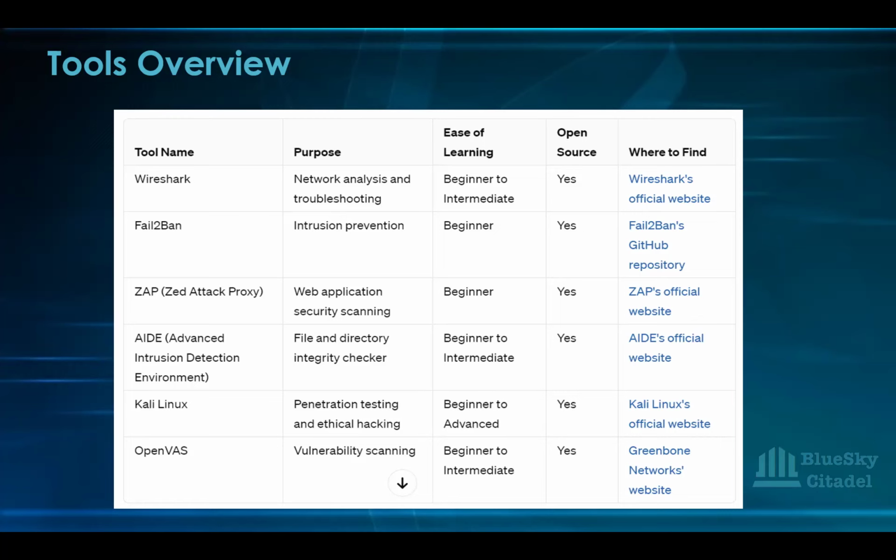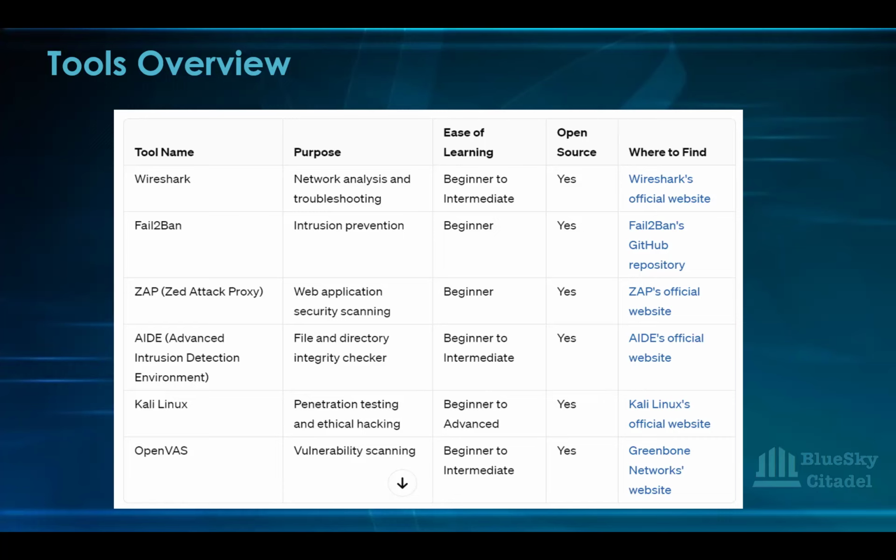And we have OpenVAS, a vulnerability scanning tool. So the ease of learning it or how to use it is beginner to intermediate. So it means that you and I, any one of us, can use this tool without struggling, okay?